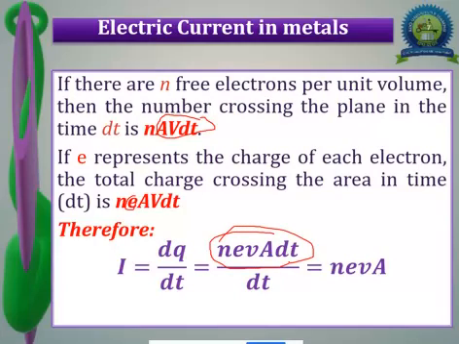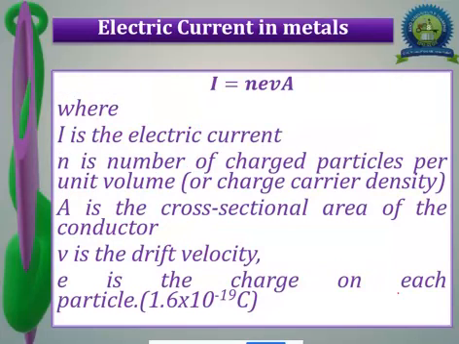Obviously, you can cross out this change in time, and then you are left with I = nevA, where I stands for the electric current, and n is the number of charged particles per unit volume, and it has a unit of the number of electrons per volume. That's electrons per meter cube. Then you have your cross-sectional area of the conductor of the wire as A.